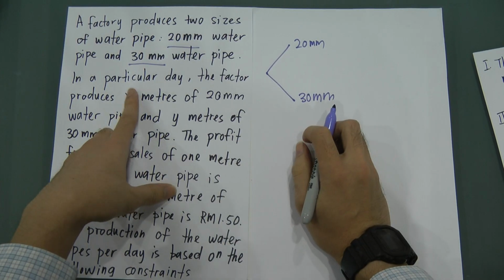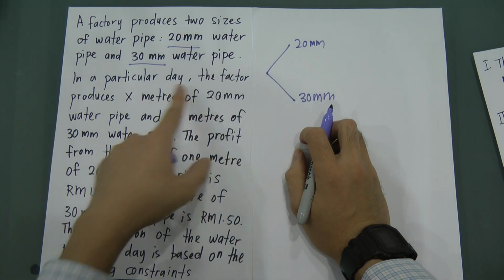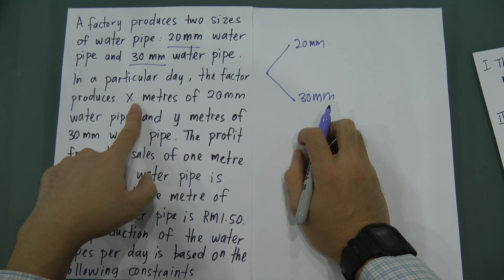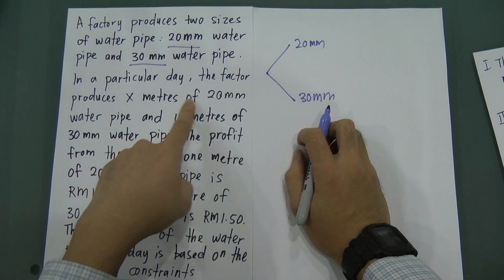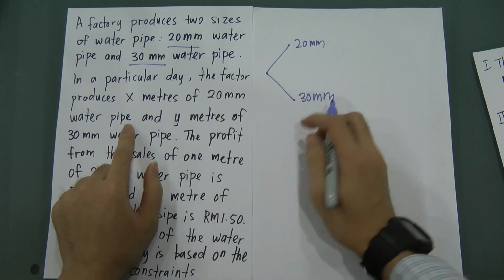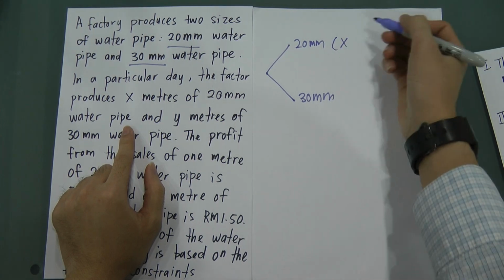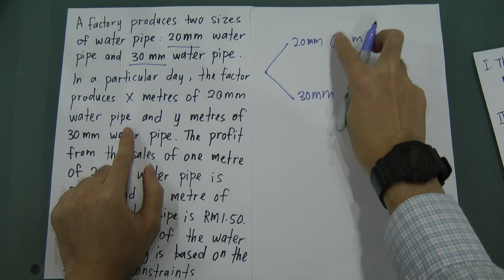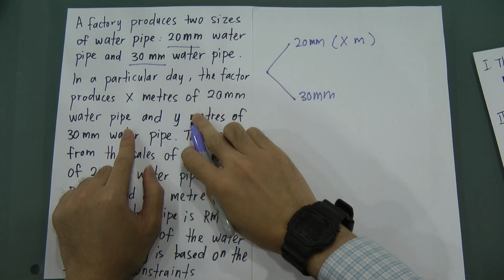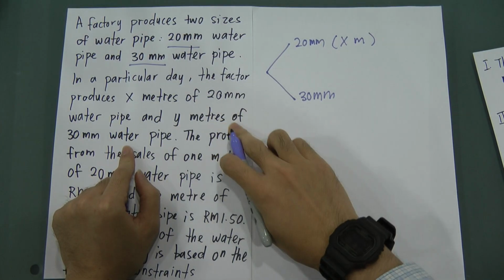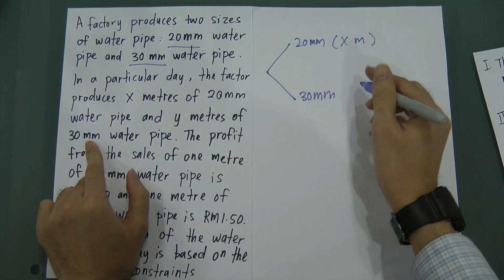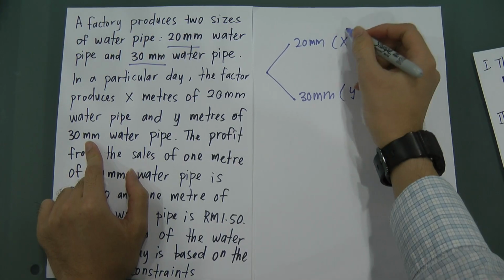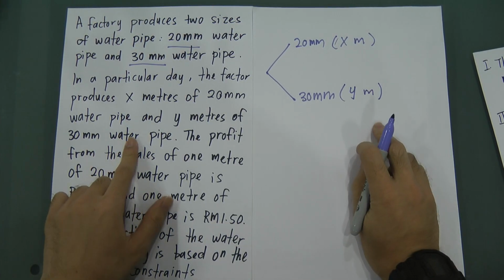In a particular day, the factory produced x meters of 20 mm water pipe. We do not know how many meters, but it's x meters. This is something like volume. And then y meters for 30 mm water pipe, which is also something like volume.